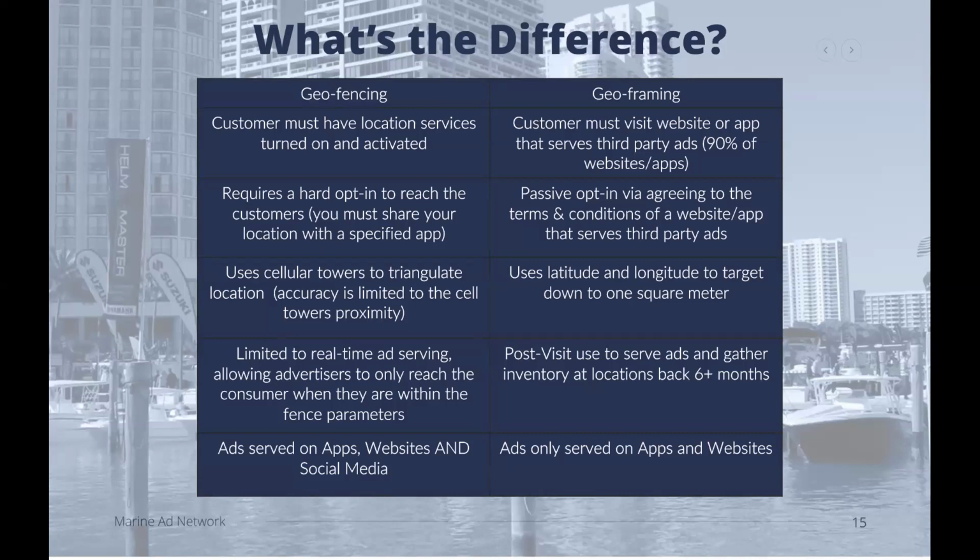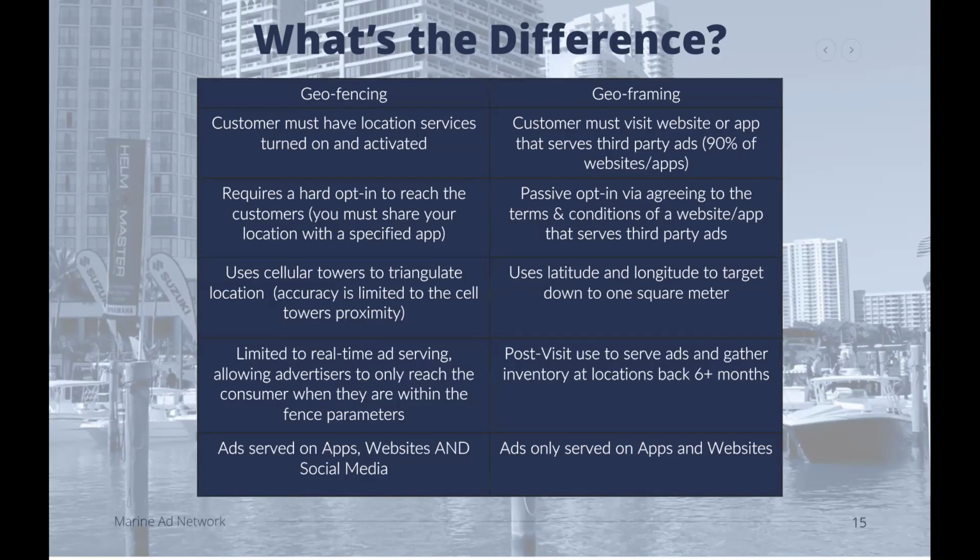So one, customers must have location services turned on and activated with geofencing. So when you are scrolling through Facebook, you always get those pop-ups saying you need to have location services turned on to get the full effect of this app or whatever. So you got to make sure you have yours turned on.